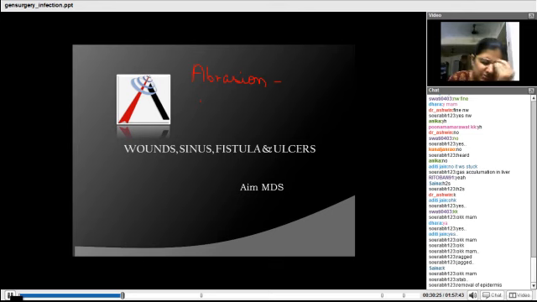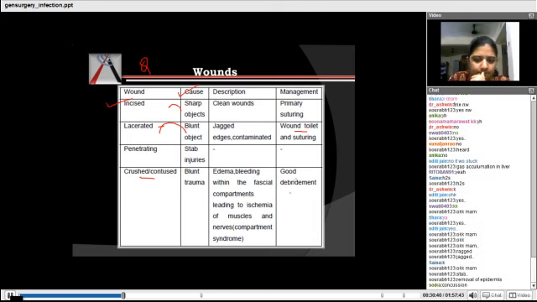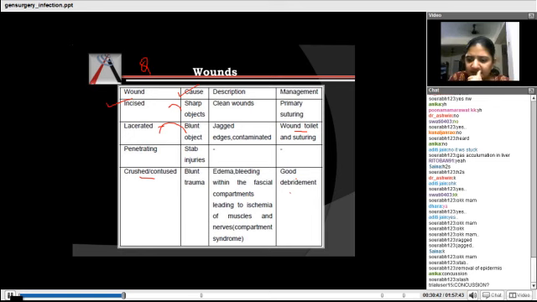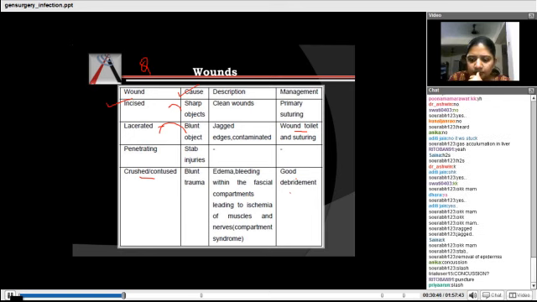What are the other kinds of injuries? We've seen laceration. Any other thing that you can remember? Concussion, contusion, okay.